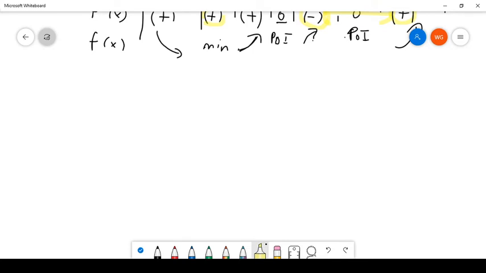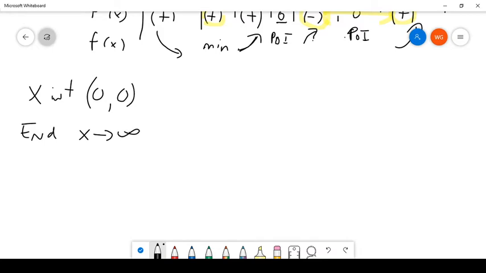So the x-intercept value was 0. The ordered pair was 0, 0, because the y-intercept was also 0. The end behavior of our function was that as x approaches infinity, y approaches infinity, and as x approaches negative infinity, y approaches positive infinity.